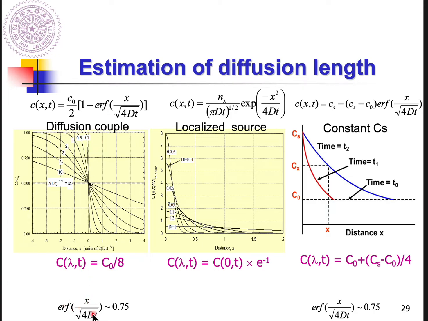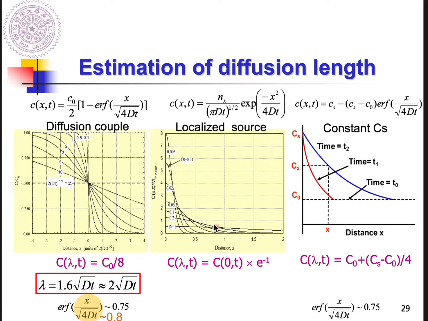So the error function becomes 3 over 4, and if you check the table, this value is around 0.8. So x can become 1.6 square root of Dt, which is roughly the square root of 4Dt. So at the square root of 4Dt, the concentration is around C0 over 8.